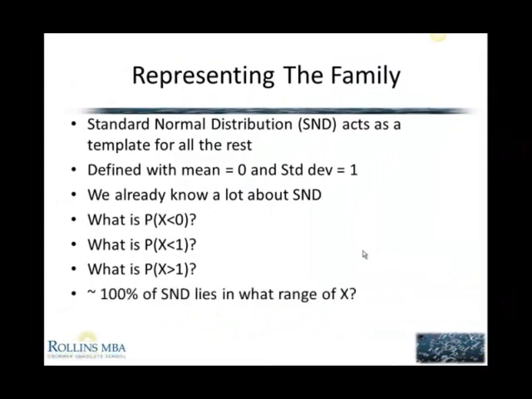Now we might also ask, where does most of this standard normal distribution lie? Roughly all of it is going to fall in what range of values? Well, again, from our empirical rules, we know that almost 100% of the distribution falls between plus and minus 3 standard deviations away from the mean.